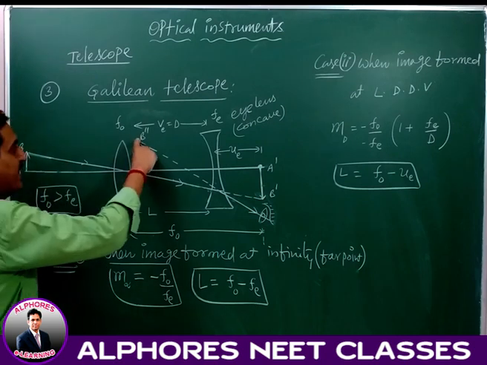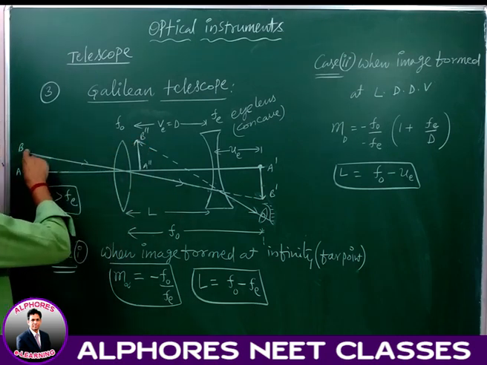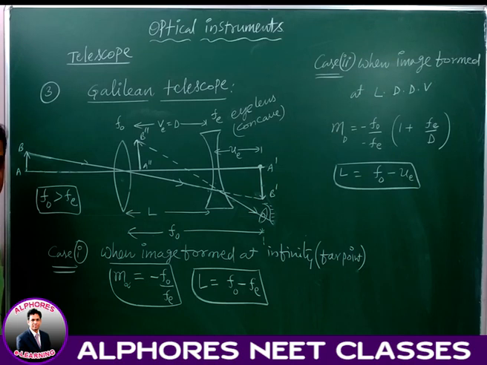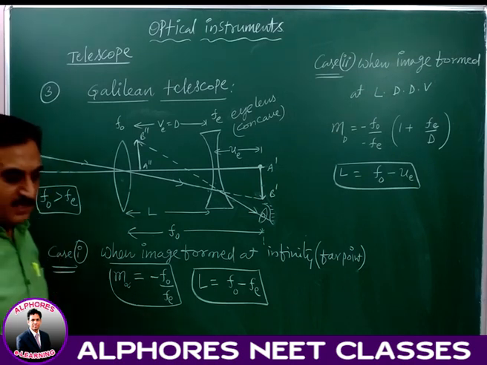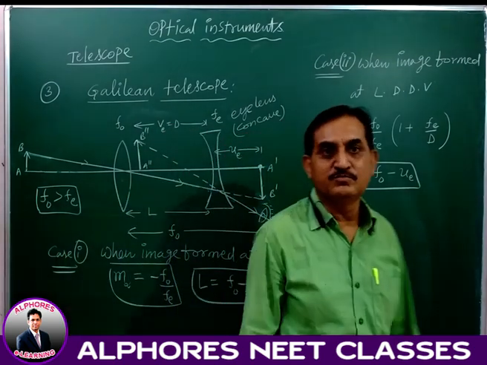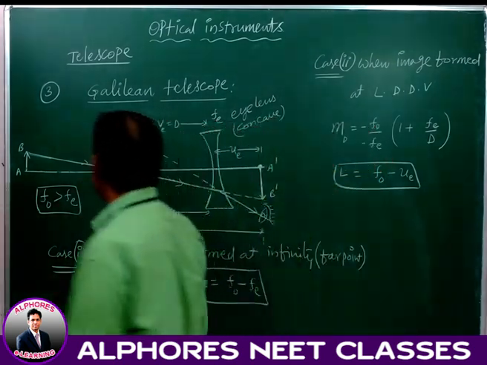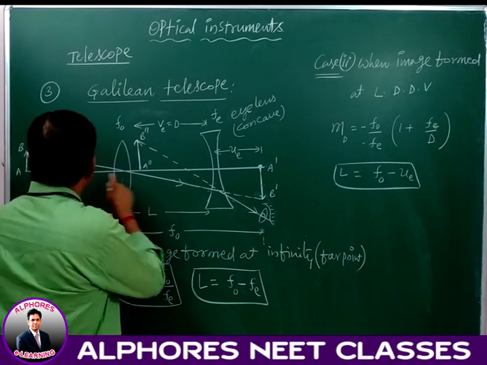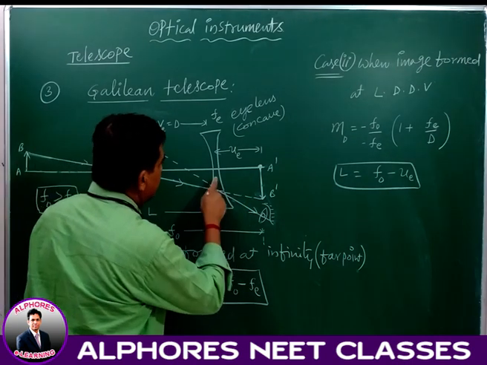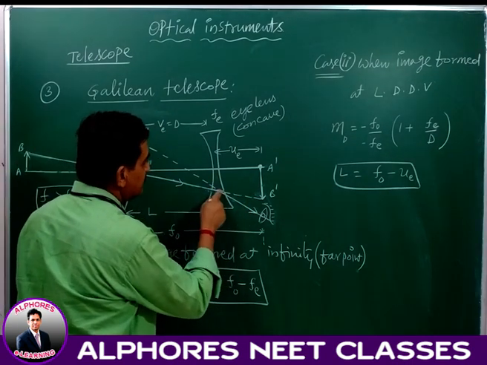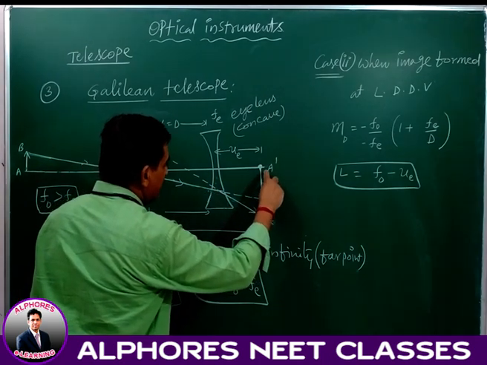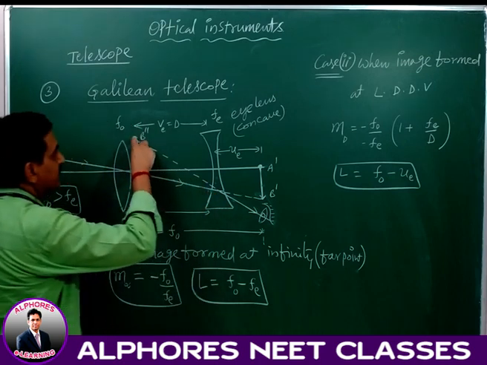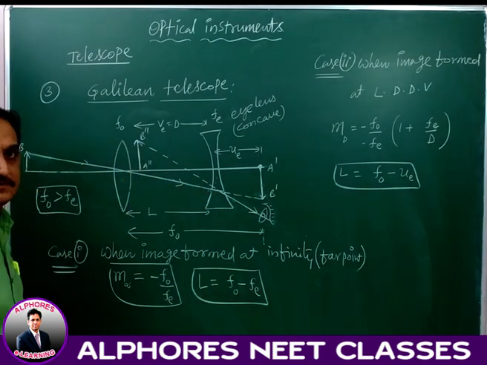See here, comparing this image with the object, it is an erect image. Definitely the magnifying power or magnification is positive, no doubt. Now in this case, this serves as an object for this concave lens. Which object? A virtual object. And this virtual object finally gives its image over here.